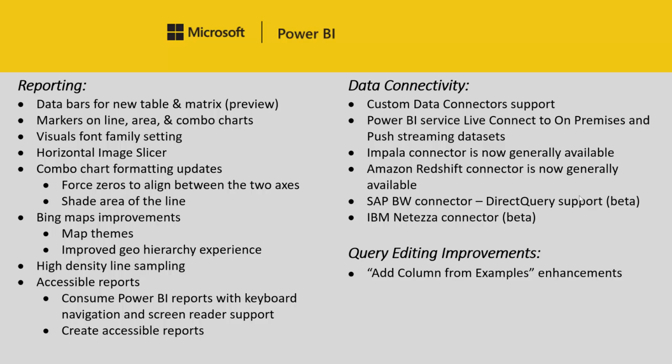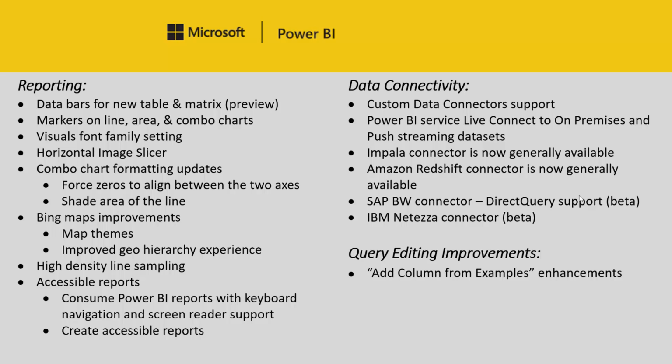So with that, we have a series of features for report authors. We've already mentioned markers for line, area, and combo charts. That, while a formatting feature, could also be considered an accessibility feature. Whenever you think of accessibility, a lot of times people think blind viewers, but that also could mean someone who is colorblind.